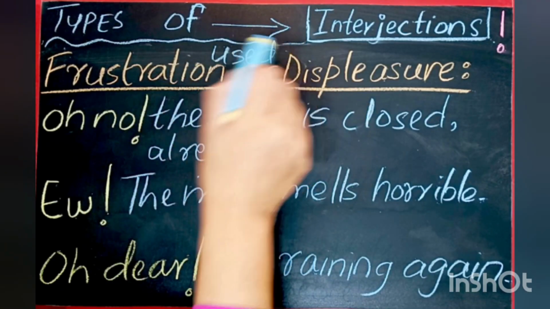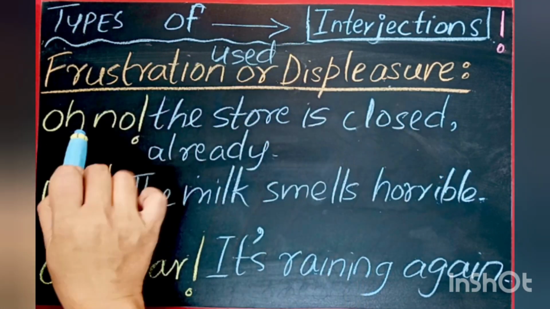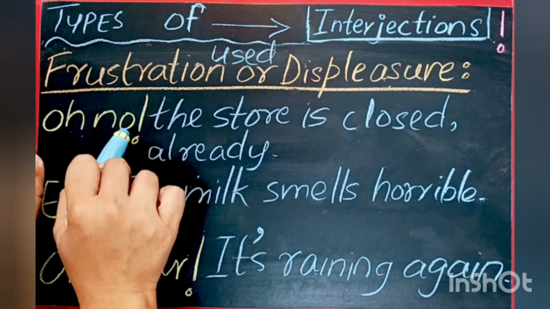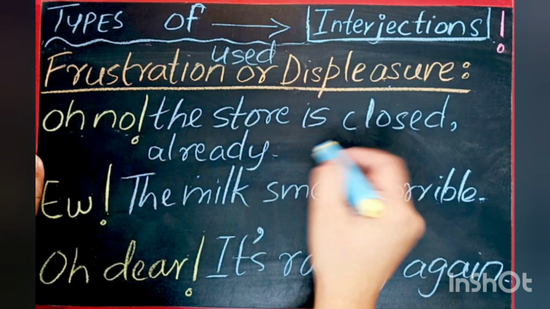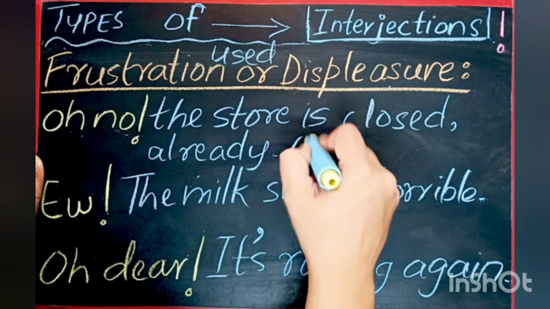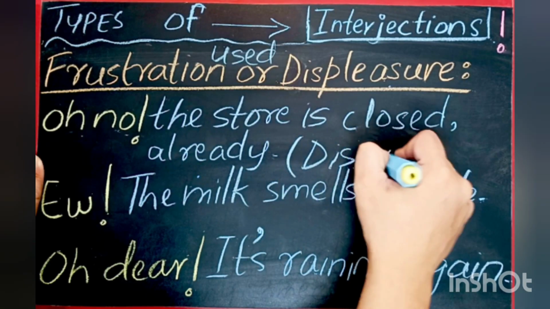So oh no is used over here showing frustration and displeasure, and ugh in this sentence is showing disgust. Okay, so it is showing disgust here.